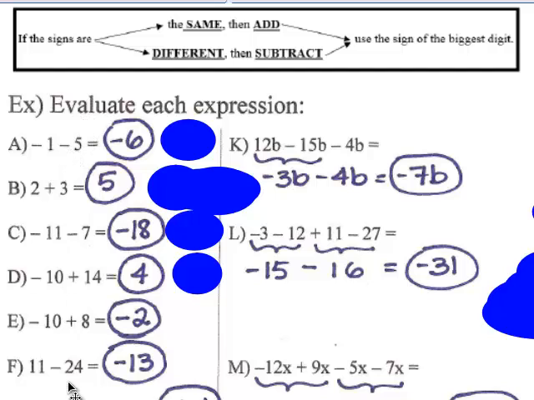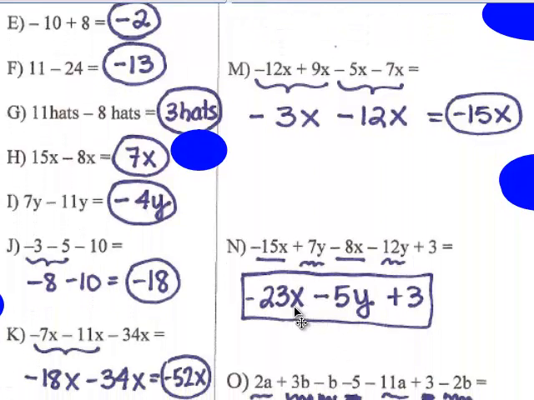Alright, and that's why in this problem, if we go up here, you notice it says evaluate. When we're doing this, this is also called simplifying, because in reality we cannot evaluate this, so this would be simplifying or combining like terms. So basically when you get an answer like negative 13, negative 2, you're evaluating, you're getting an actual answer. When you're combining like terms, that's called simplifying.